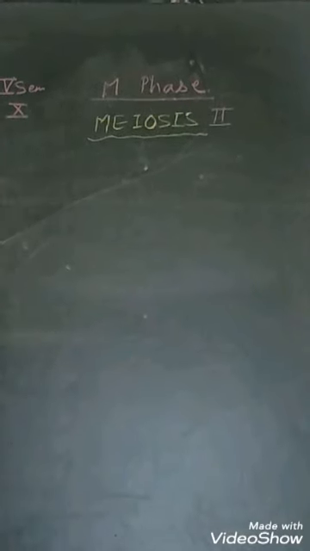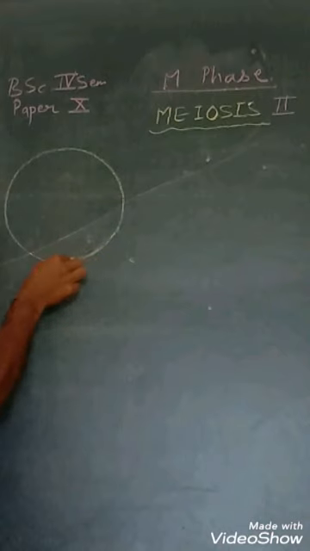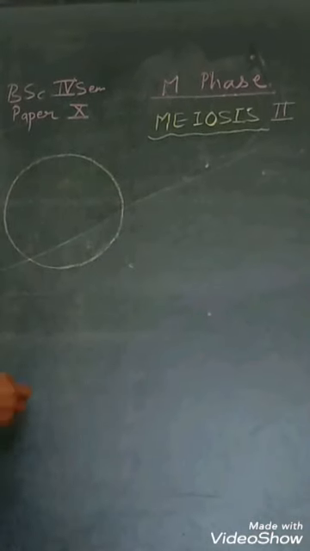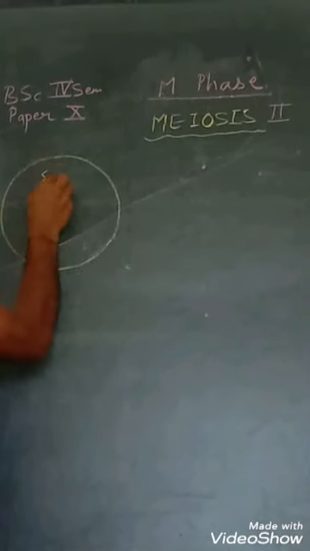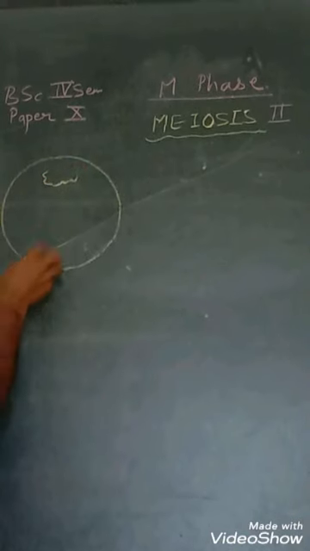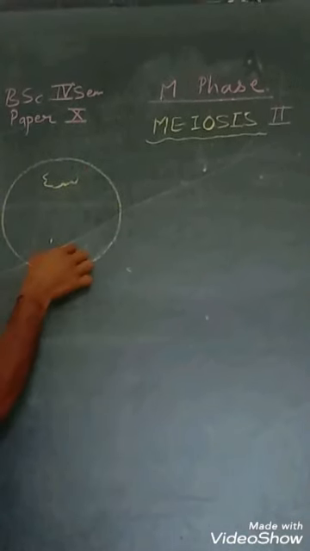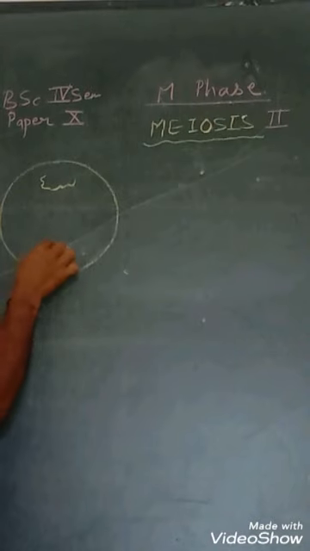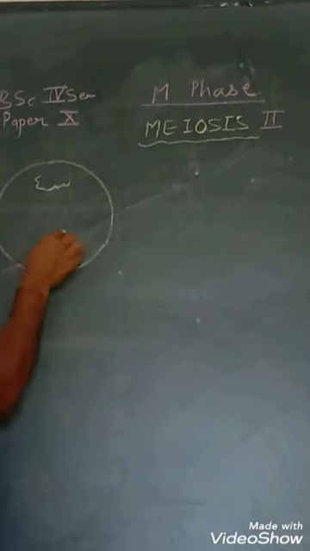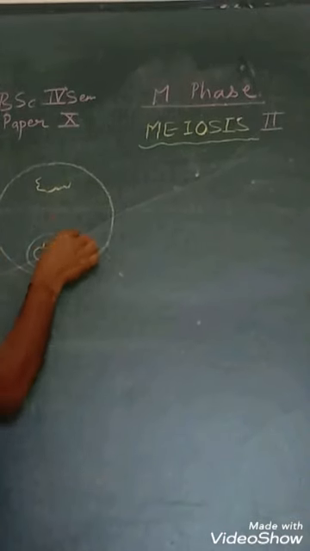Now here I would like to draw the last stage of meiosis 1, where the DNA was uncoiled, relaxed, long, present in a nuclear membrane with a nucleolus.